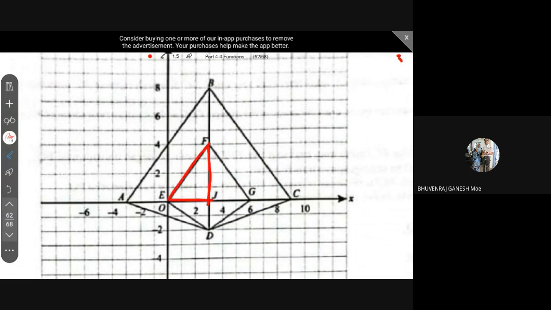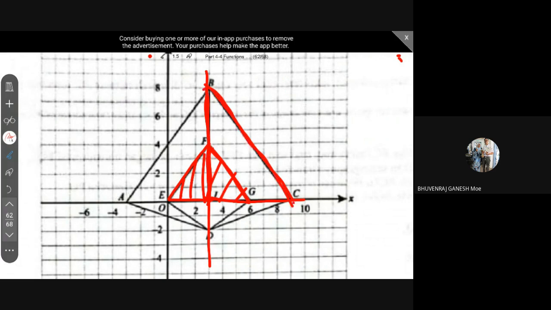Okay, so this is the, which one again? This is the object. This is the image. Okay, so first of all, can you see that you can reflect this here? This one reflect here on this line over here. Can you see this happening? The first transformation. And then can you see this? This triangle becomes this large triangle.